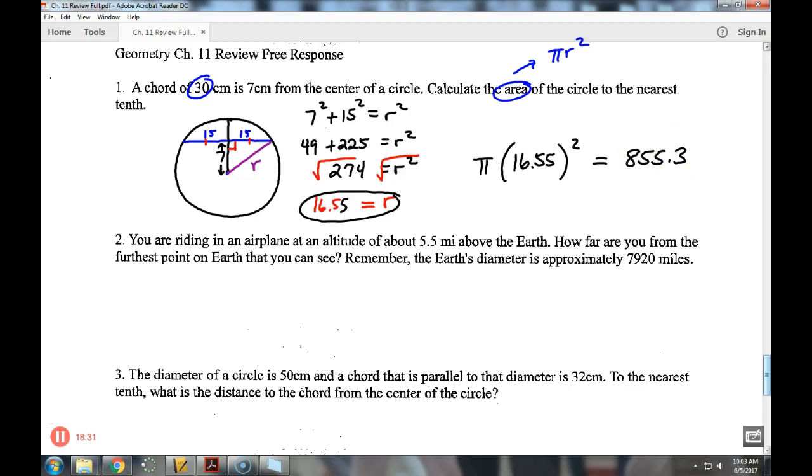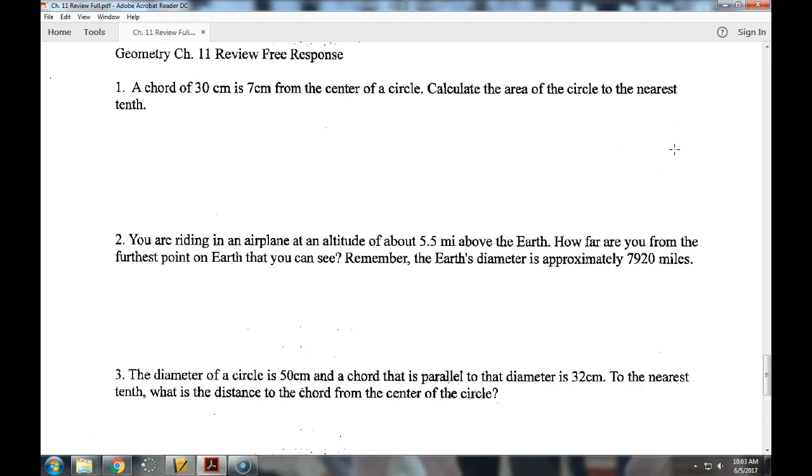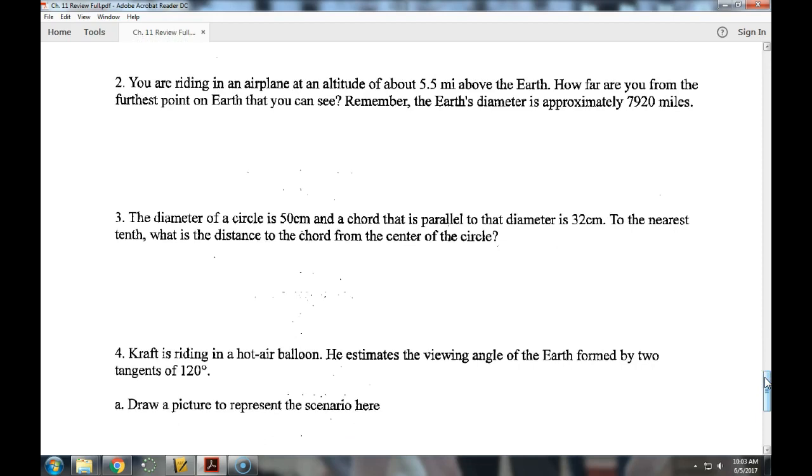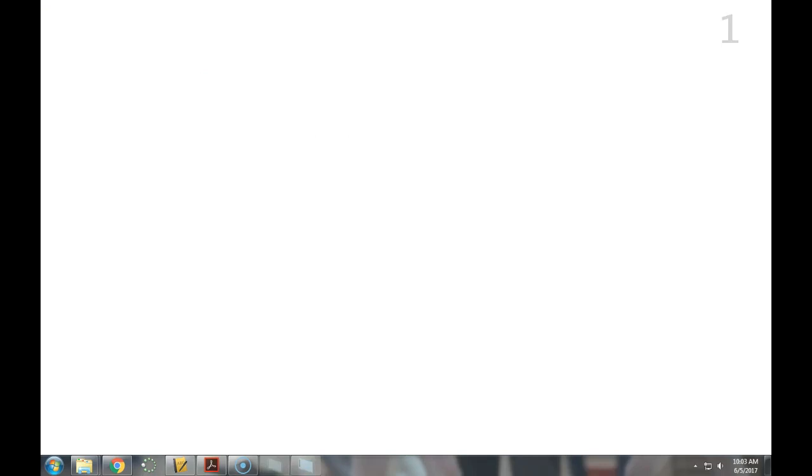Number 2, you are riding an airplane at an altitude of 5.5 miles above the Earth. Furthest point on Earth you can see, remember the diameter is 7920. I'm going to go off the grid on this one because I don't really have enough room there. So let's kind of draw this.